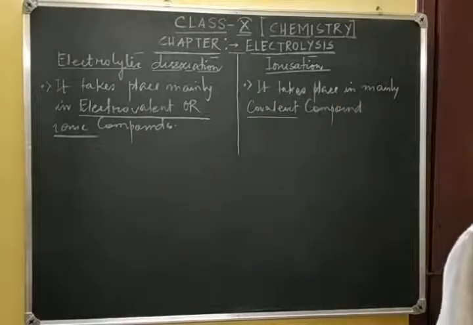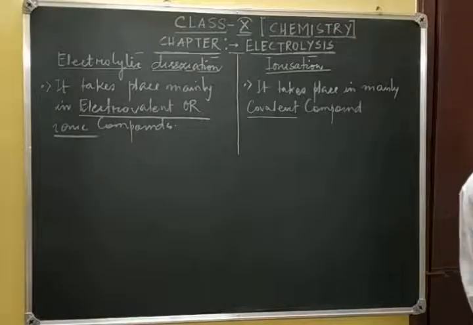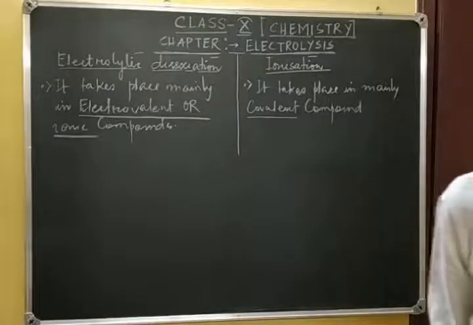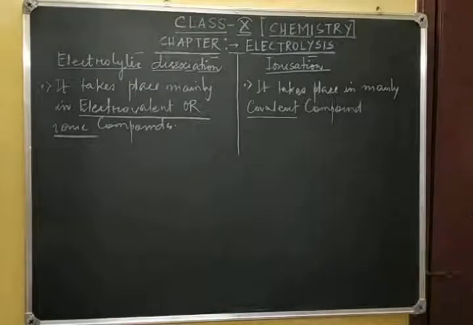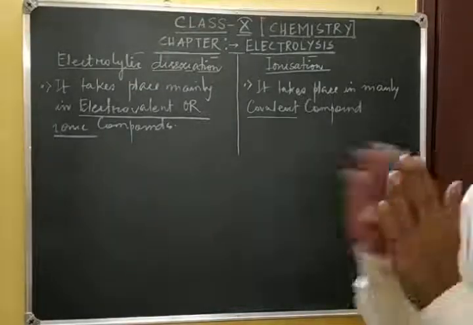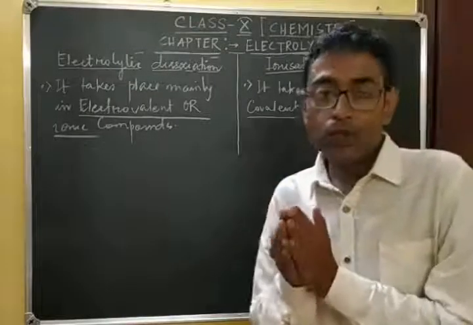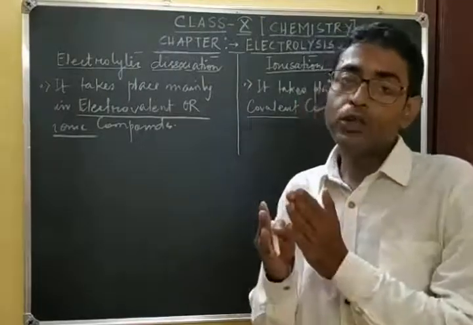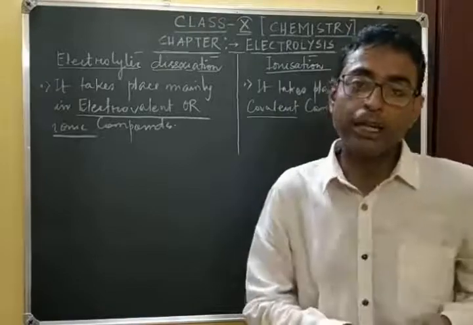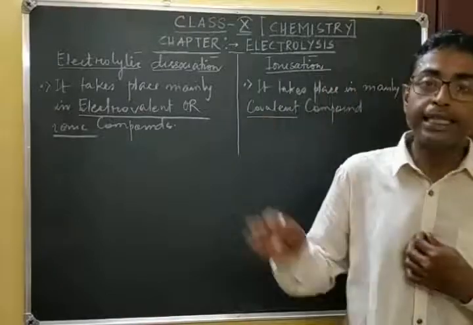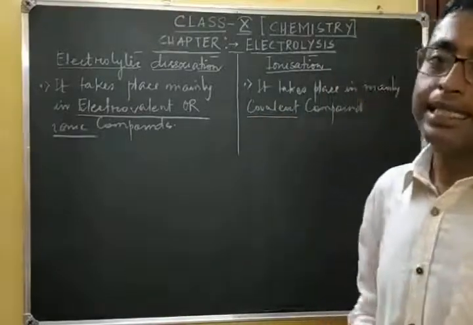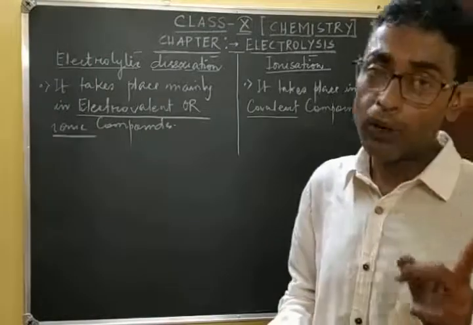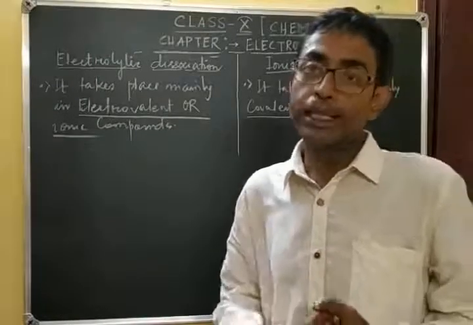Number 2, in electrolytic dissociation it involves the separation of ions. Positive ions move towards the negative terminal, negative ions move towards the positive terminal. Or in chemistry words, anions move towards the anode and cations move towards the cathode.